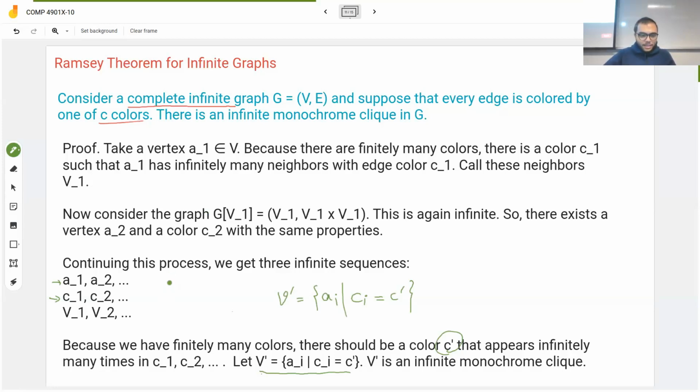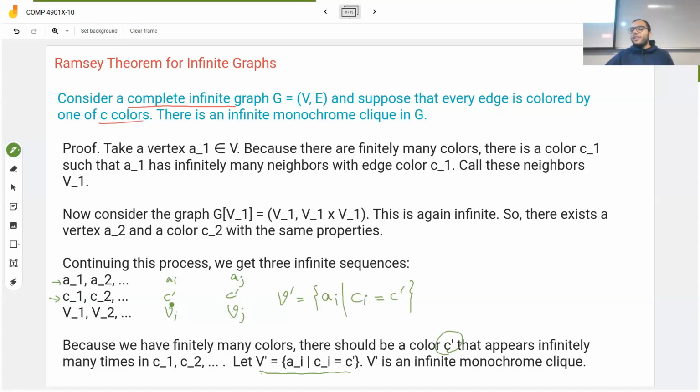Because let's say that AI was of this color C prime, and then I had VI here. And then let's say AJ is another vertex that is of the color C prime, and I had VJ here. So when I had VI, VI was the set of all vertices that were connected to AI with the color C prime.